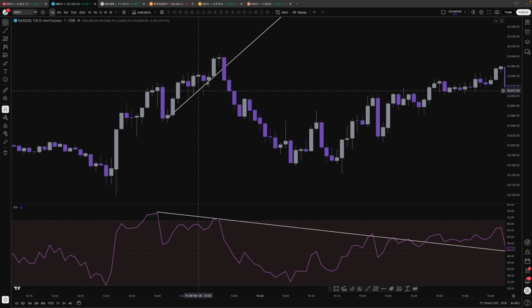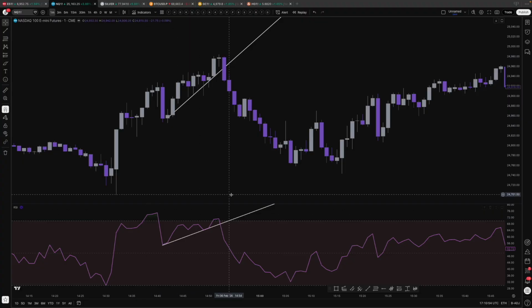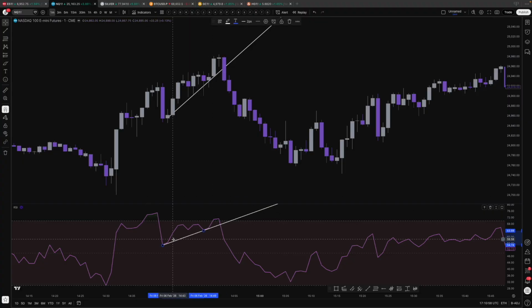Now, this is not the only trend you want to watch. You also want to watch for confirmation from the RSI itself. Again, the RSI is a trending mechanism as well. You'll see it does it all the time. So we want to put some trend lines here because if this trend doesn't break, it could still keep going up. Now you might say, well, this trend broke here, which is true.